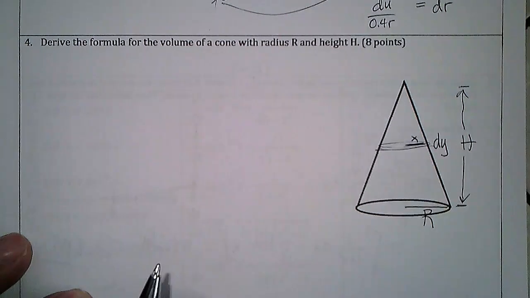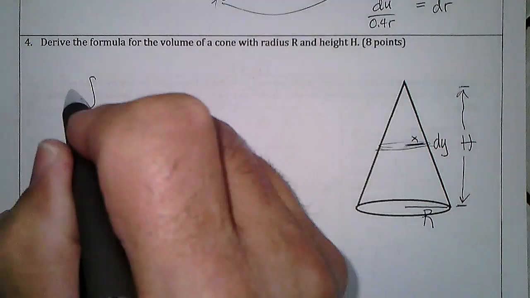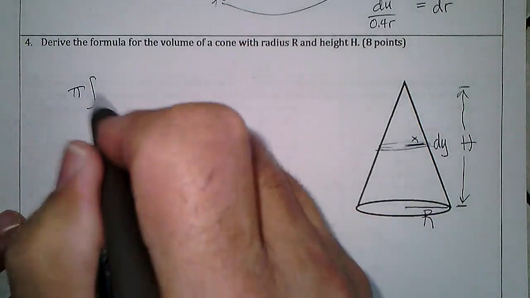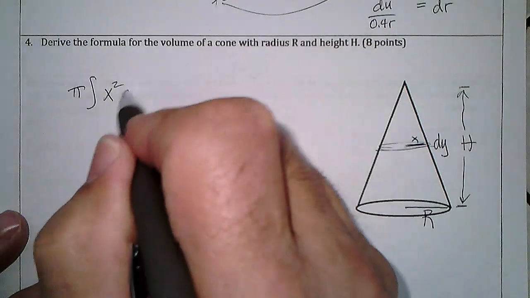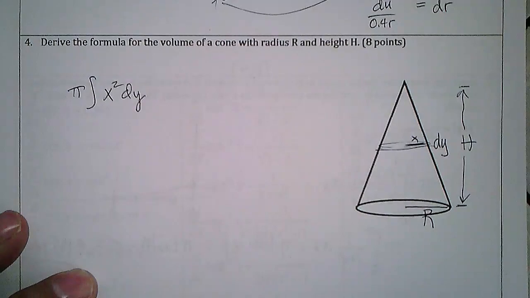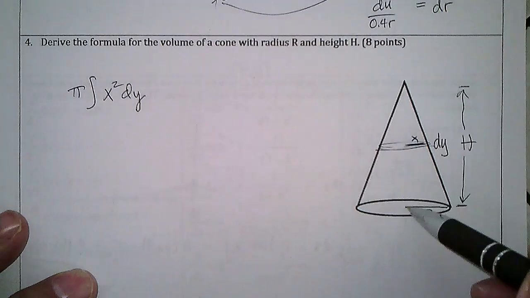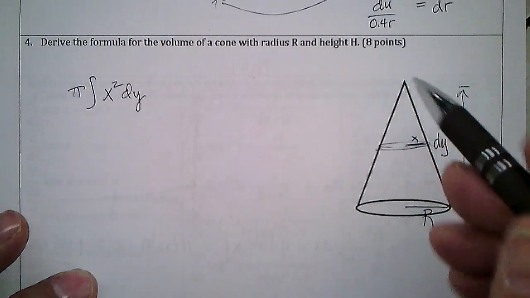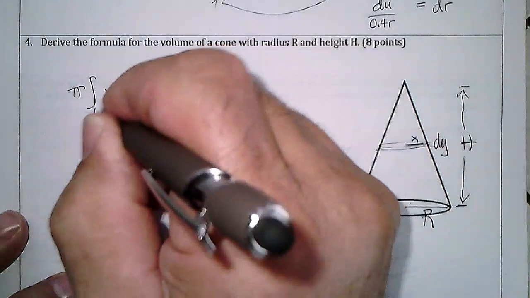So the radius would be x, so I can write the formula, pi r squared times the thickness dy, evaluated when y goes from 0 to h, depending on where we make y be 0, 0 to h.